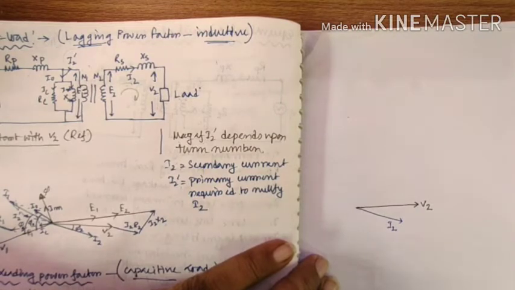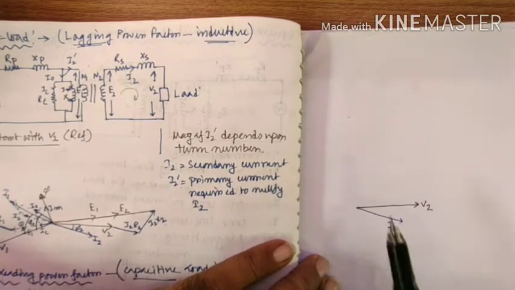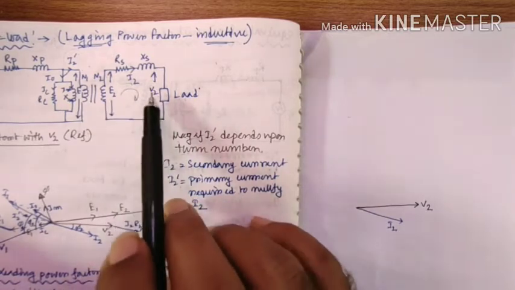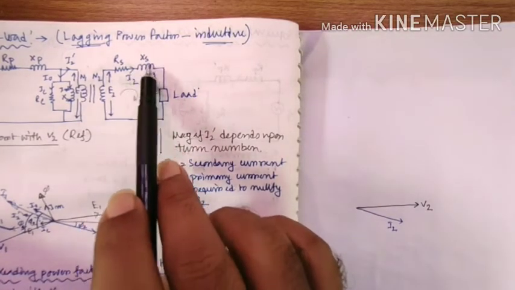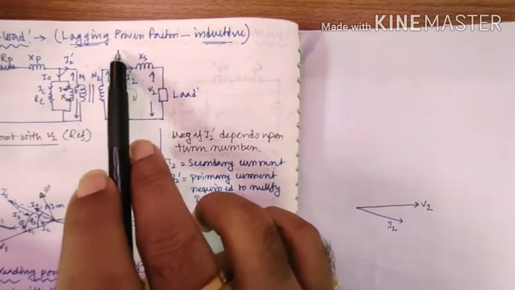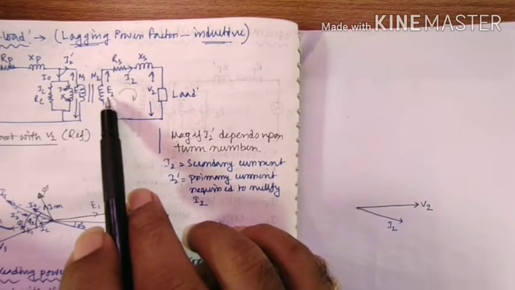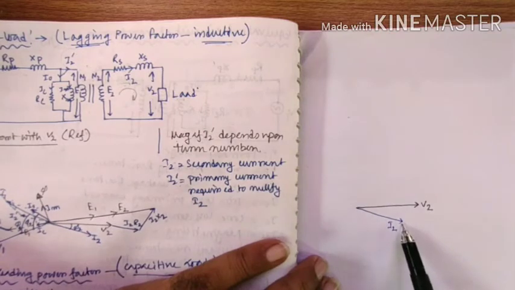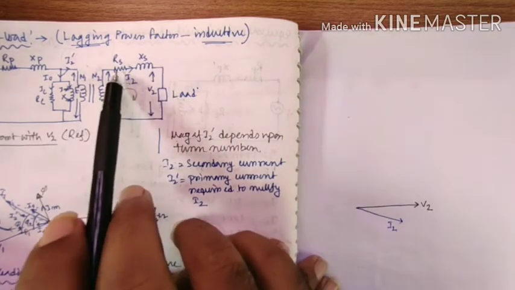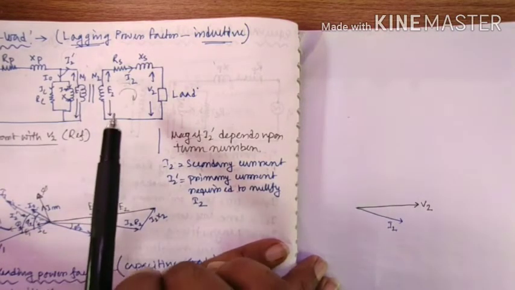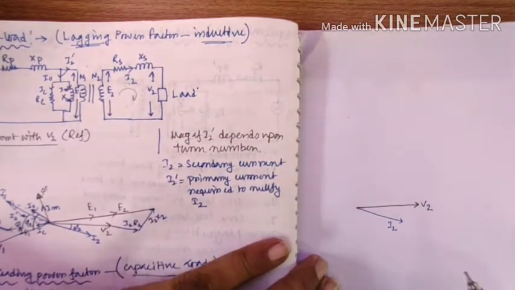Now, from the diagram, what is V2? V2 plus the voltage drop across XS plus RS gives us E2. So if this is the direction of I2, then the I2 current flowing through RS should give us a voltage drop of I2 into RS. What should be its direction?